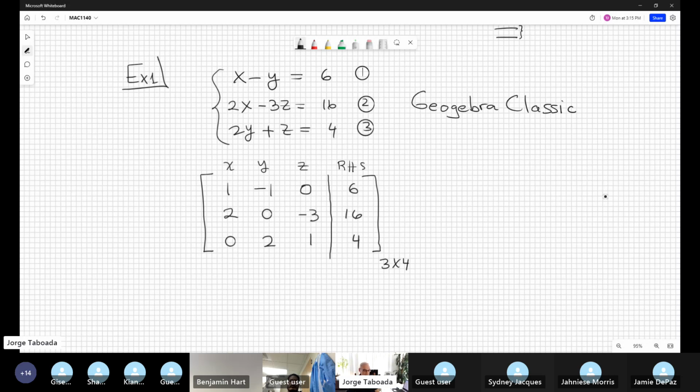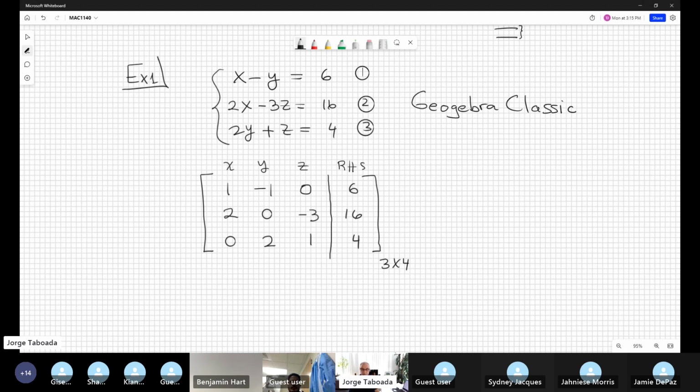Okay, so GeoGebra Classic. You open the browser, Google Chrome maybe. I like Google Chrome. You type in the taskbar GeoGebra Classic, and you open it. And when you open it, you see something like this.